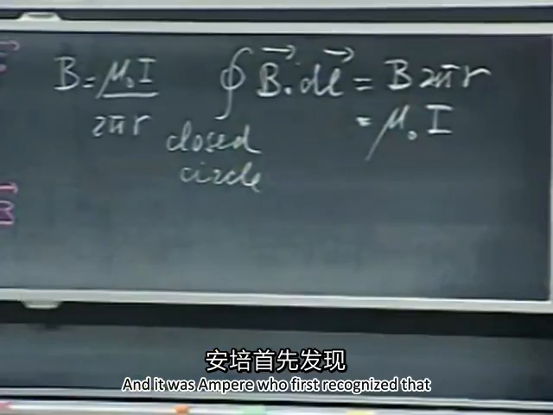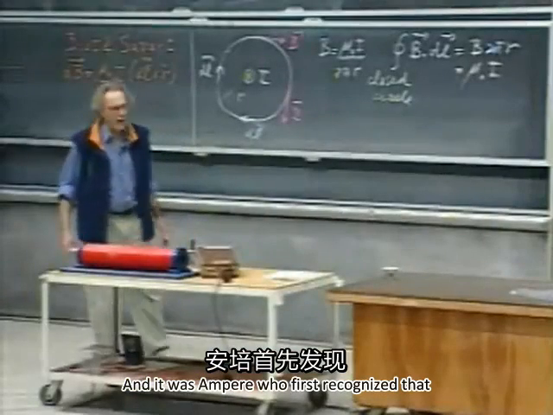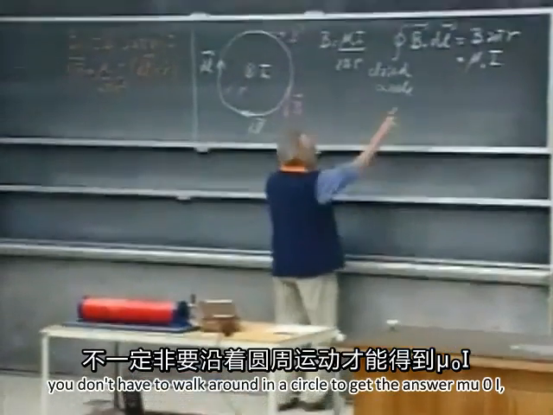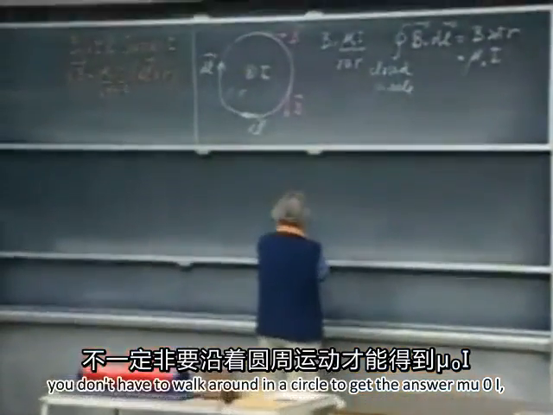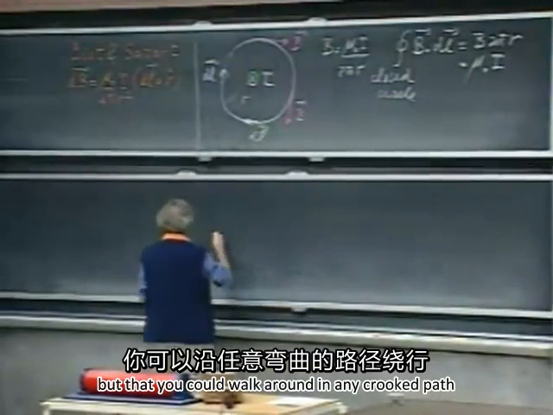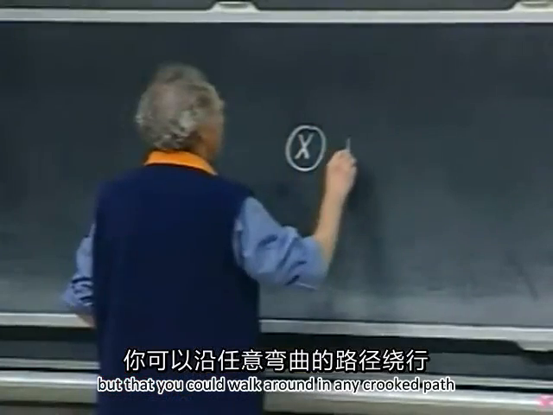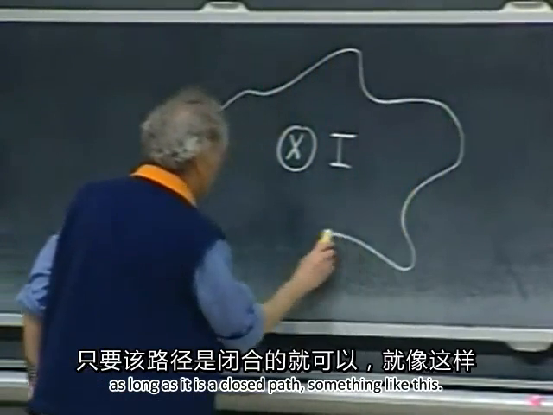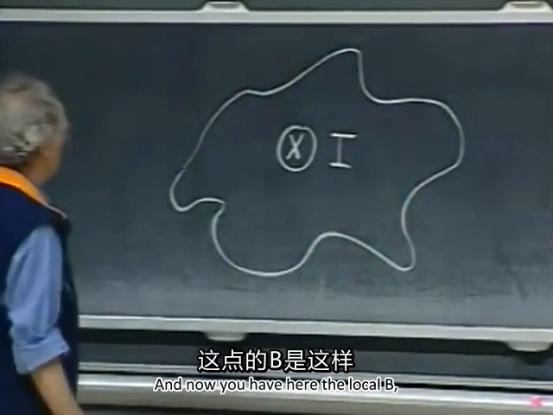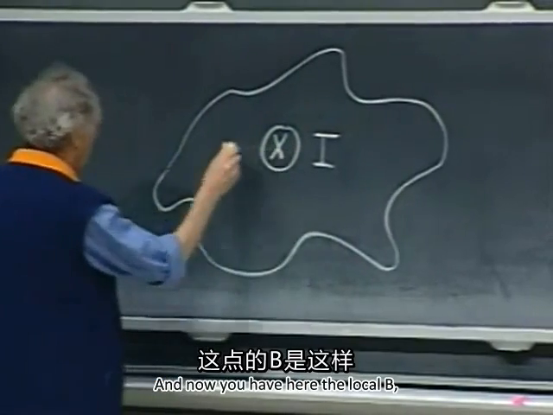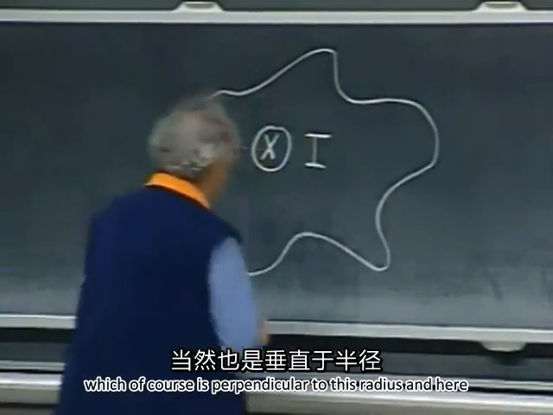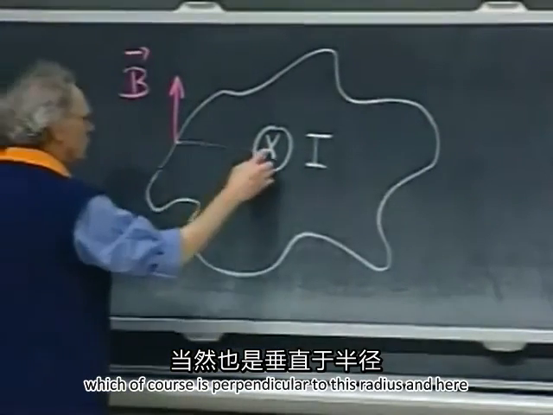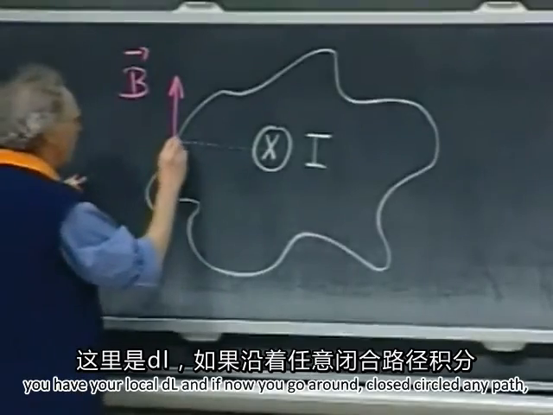And it was Ampere who first recognized that you don't have to walk around in a circle to get the answer mu0 I, but that you could walk around in any crooked path as long as it is a closed path, something like this. And now you have here the local B, which of course is perpendicular to this radius, and here you have your local dl.